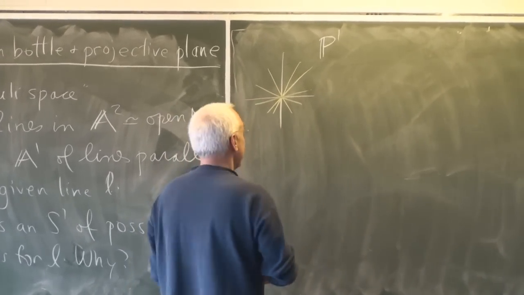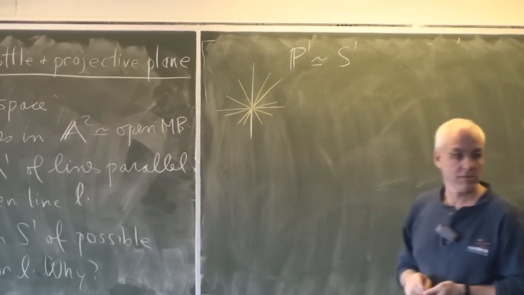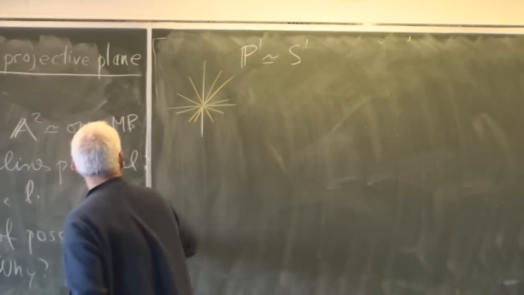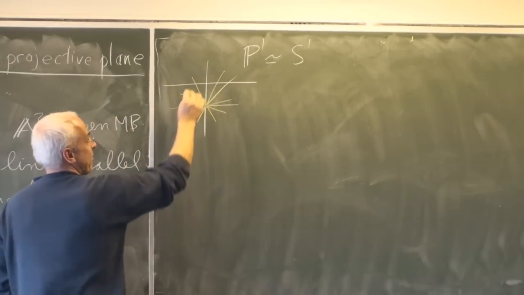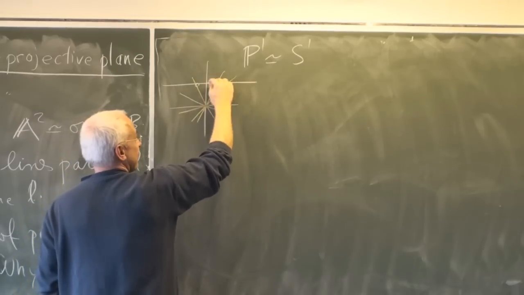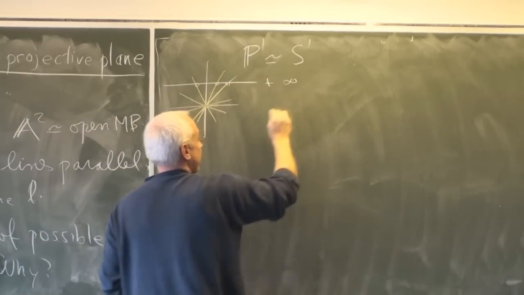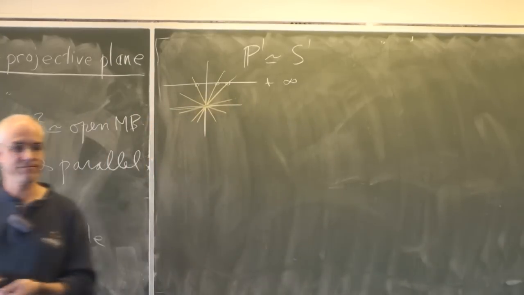And we saw that the projective line was topologically the same as a circle. One way of thinking about that is because it's represented by that displaced line plus an extra point at infinity corresponding to the horizontal line.